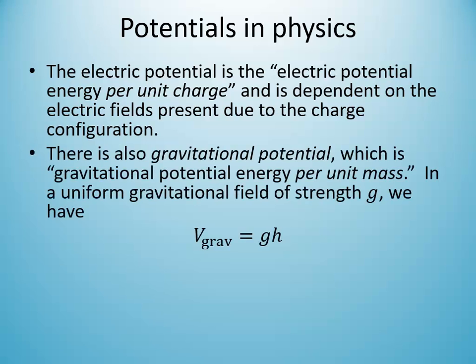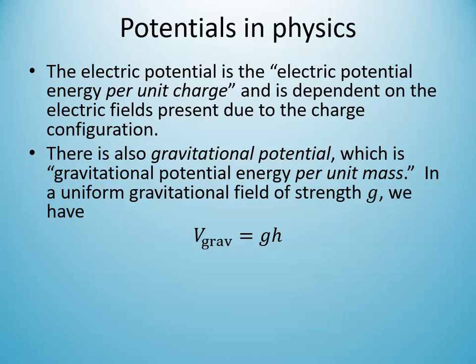And with that in mind, you can also think of a gravitational potential, that is the gravitational potential energy per unit mass, and it would be dependent on the gravitational fields present due to the mass distribution.